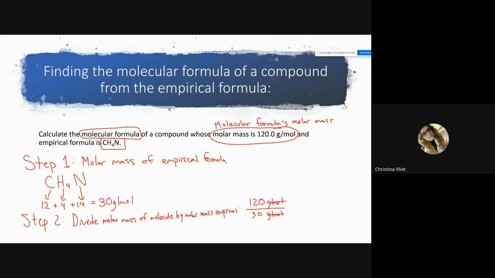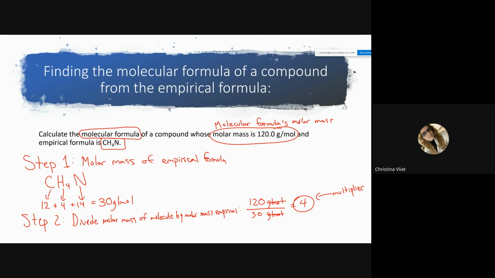What's 120 divided by 30? We call this a multiplier, because what this indicates is that our molecule is 4 times as large as the empirical formula. So if we take the mass of the molecule and divide by the mass of the empirical, we'll always get some whole number multiplier. So we multiply everything in this empirical formula by 4.